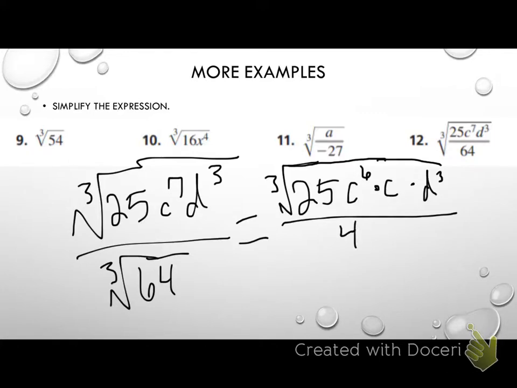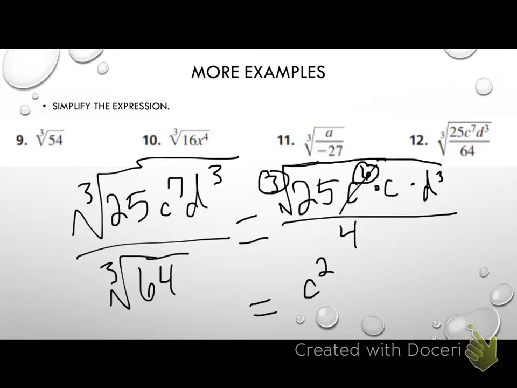Now I'm not done yet. I'm still simplifying the numerator. 25 we cannot take the cube root of. I know you can take the square root of it, but you cannot take the cube root of it. So that'll stay in the radical. Cube root of c to the 6th, I'm dividing my exponent by my index to get c's new exponent. 6 divided by 3 gives me 2, so I get c squared outside the radical.